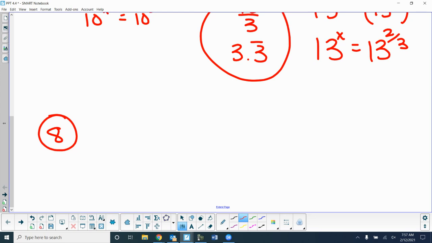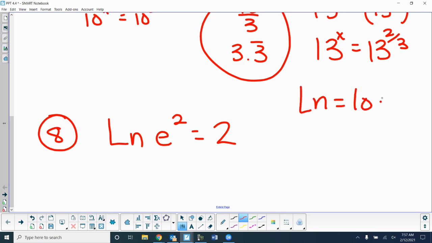Natural log of e squared equals 2. I always do capital L because it looks like IN when I use small l, but most of the time it will be a small l in the book. All right, so natural log of e squared equals 2. All right, yesterday we said natural log was the same as log base e.